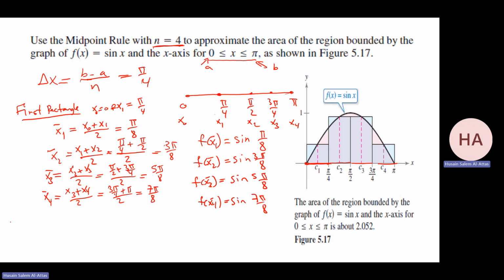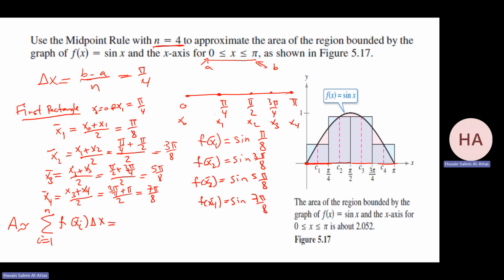Now, the approximation of the area, since I'm using only 4 rectangles, will be the summation i equals 1 to n of f of xi bar delta x.